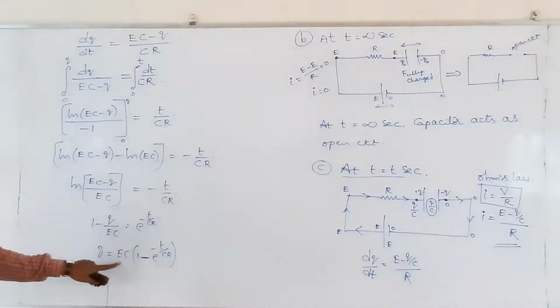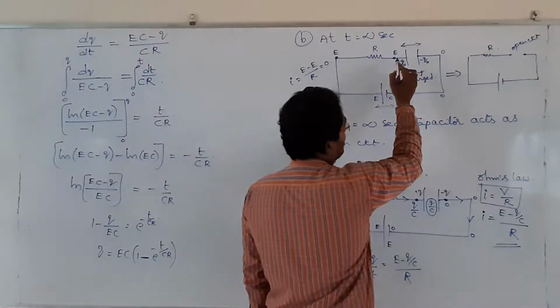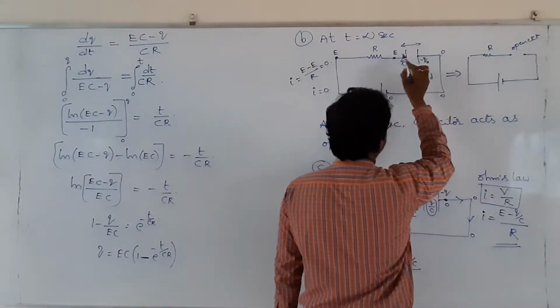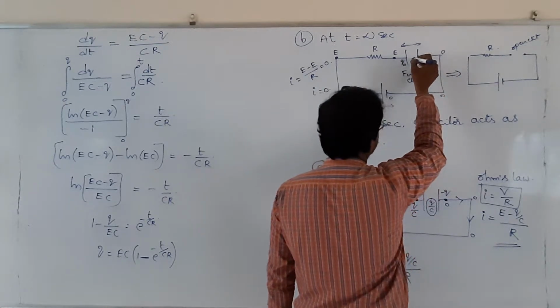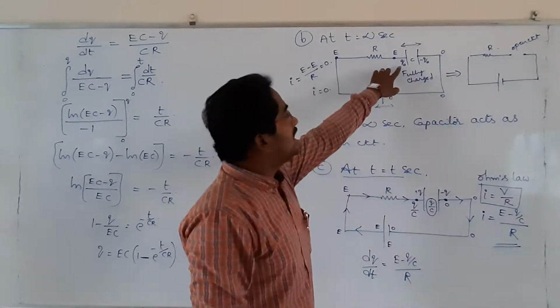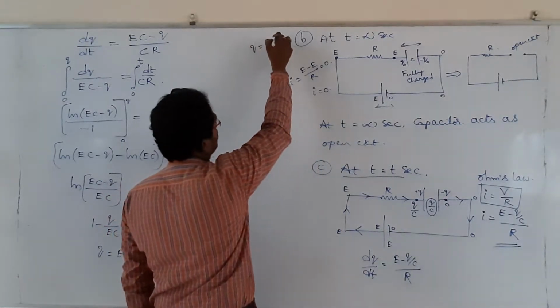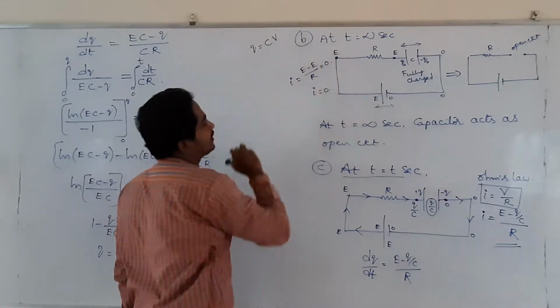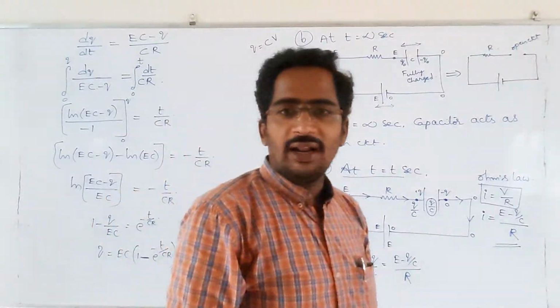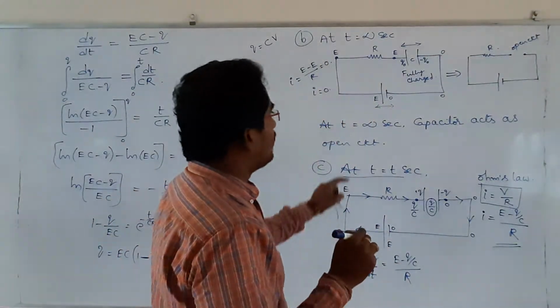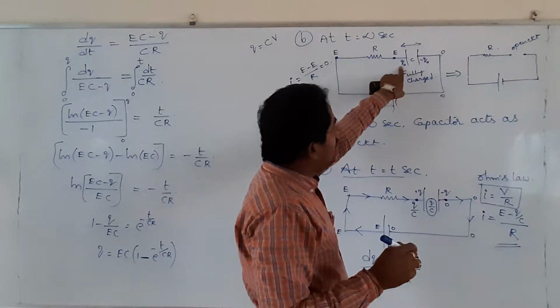What is the EC value here? See, the potential difference across the capacitor is E and capacity C. Then the charge, what is the normal charge formula? Capacity into potential difference. Then how can we write the Q naught value?